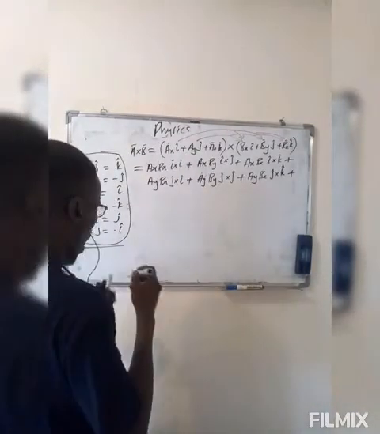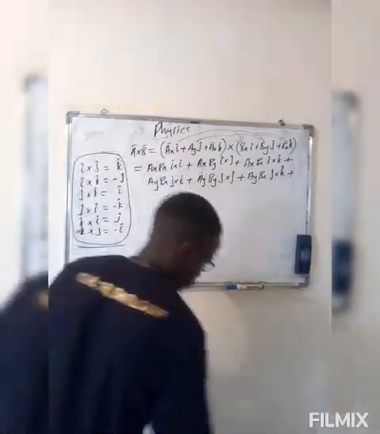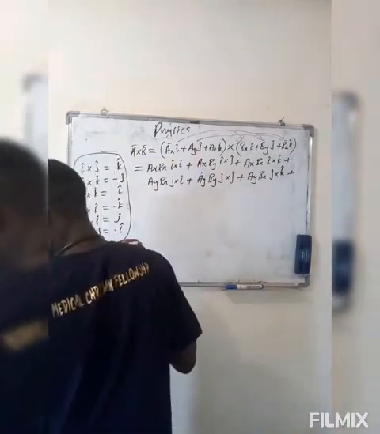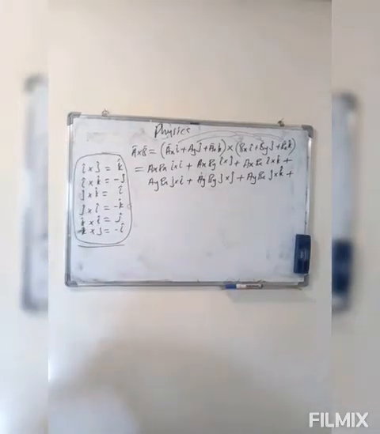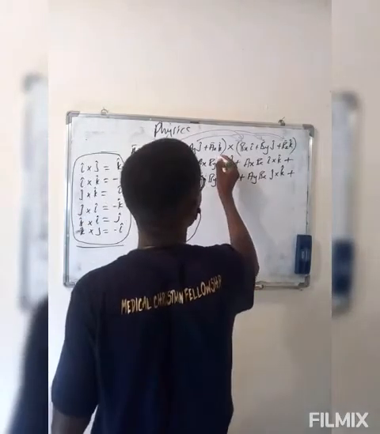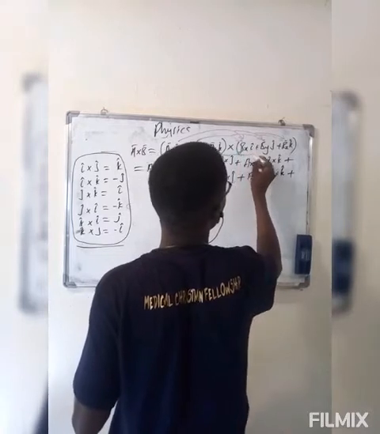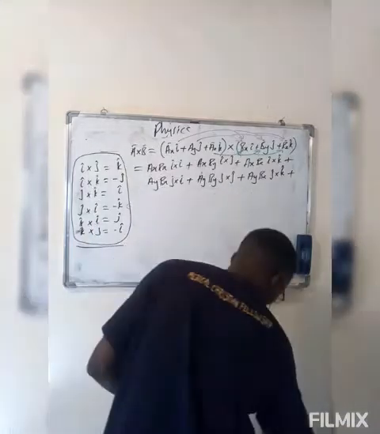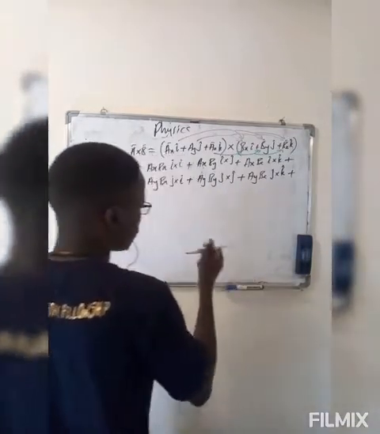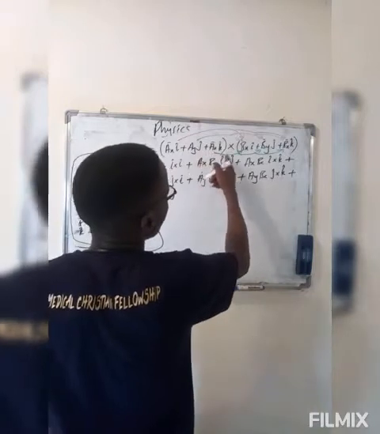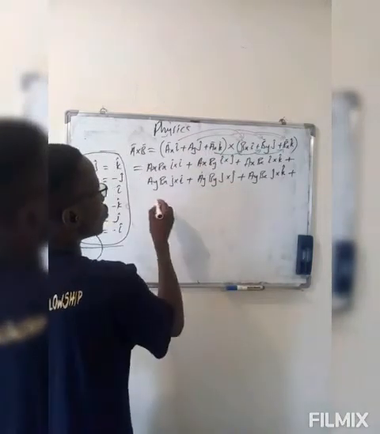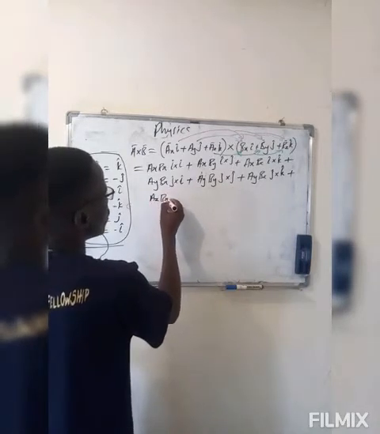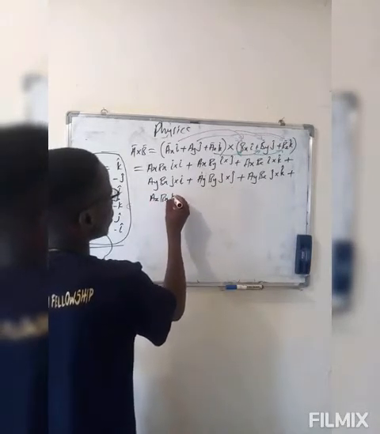Then we come to the last one, which is AZ. So AZ, we multiply it with each of these. All right, like that. So what we're going to get now is AZk multiplied by BXi. So that is going to be AZ BX, k multiplied by i.